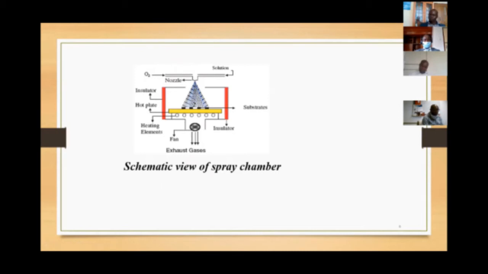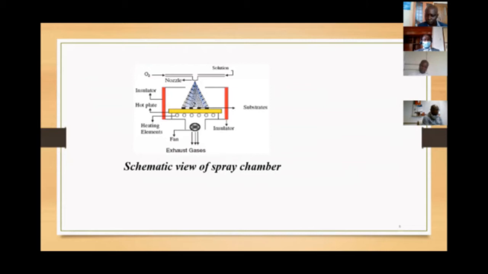The temperature was varied: I deposited at 190, 300, and 350 degrees Celsius, while maintaining the flow rate at 2 ml per minute. The pressure was kept at 3.5 pascals, and the distance between the nozzle and the glass substrate was maintained at 15 centimeters.